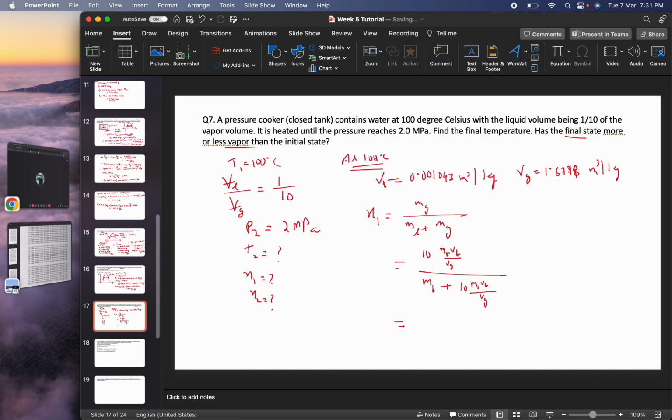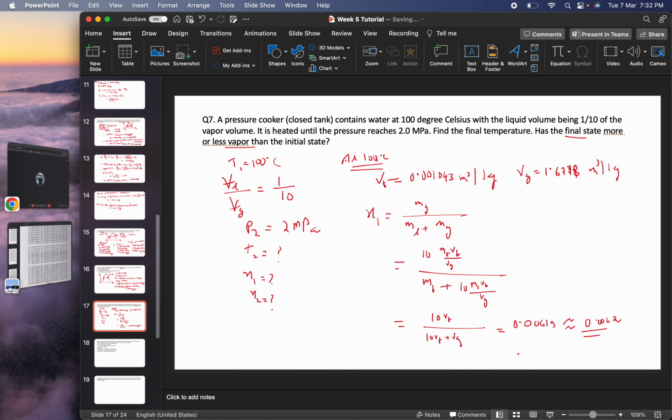This will give us 10 Vf divided by 10 Vf plus Vg. And from this we get the initial dryness fraction equal to 0.00619, that is approximately equal to 0.0062.